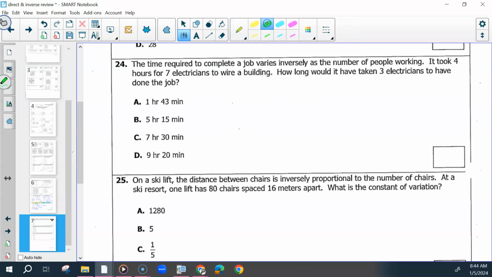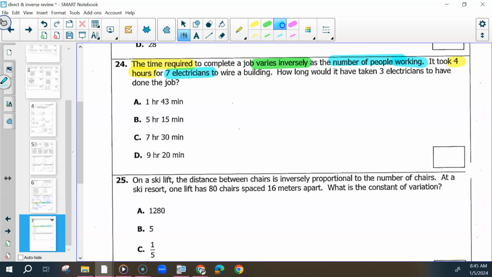Varies inversely. 4 hours. 7 electricians. Time required. Number working.